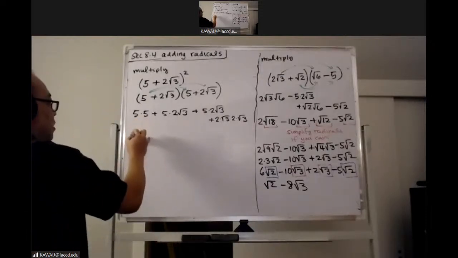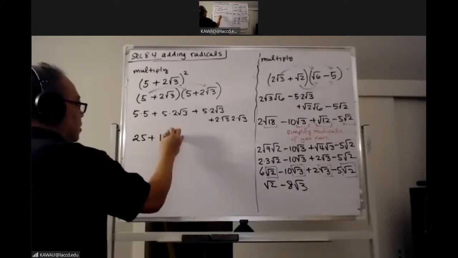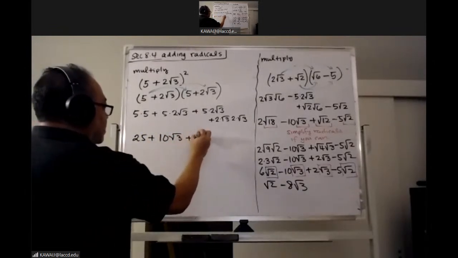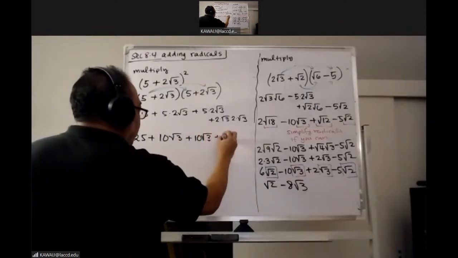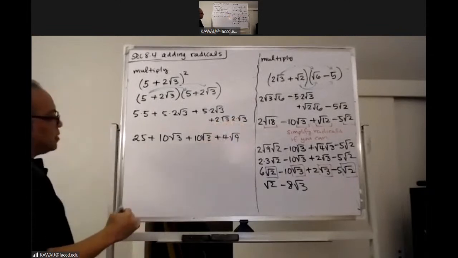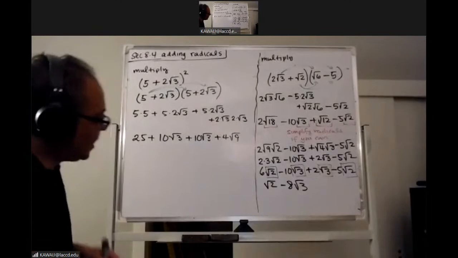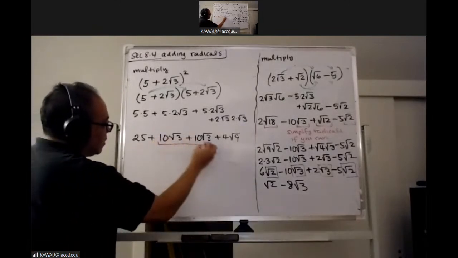So let's go 25 plus 10 square root of 3 plus 10 square root of 3 plus 4 square root of 9, right? Outside times outside, inside times inside. Now I can combine these. These go together.